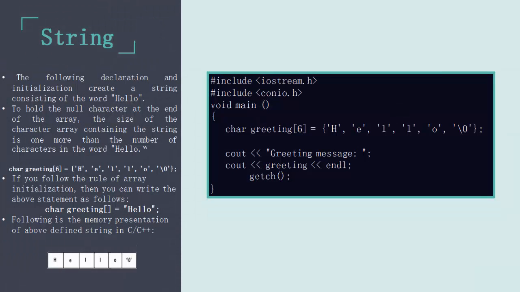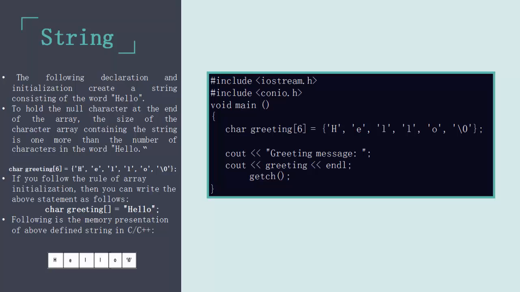The following declaration and initialization create a string consisting of the word hello. To hold the null character at the end of the array, the size of the character array containing the string is one more than the number of characters in hello. As I said, it is n plus 1. For example, I'm taking an array of character type: data type, array name, then brackets to define the size.